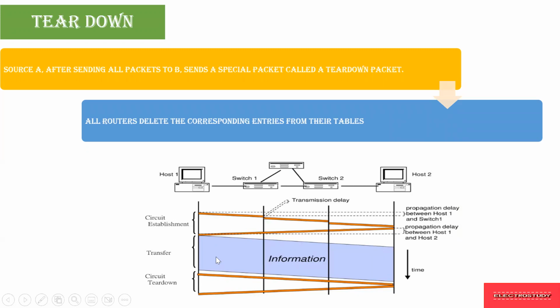After that, there is the information transfer, that is data transfer. A particular time will be given for that, and then a special packet is formed from host 1 and sent to host 2 to tell that the complete packet has been sent to the destination end. Got it? Is it clear?